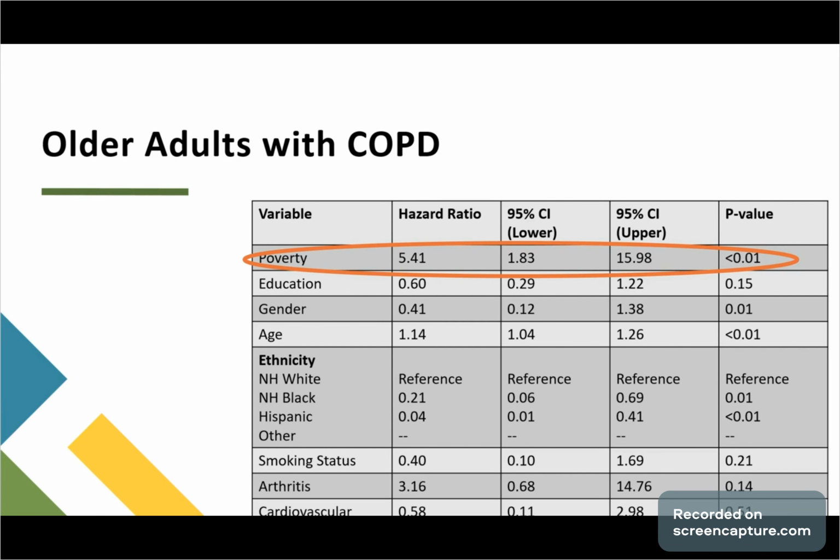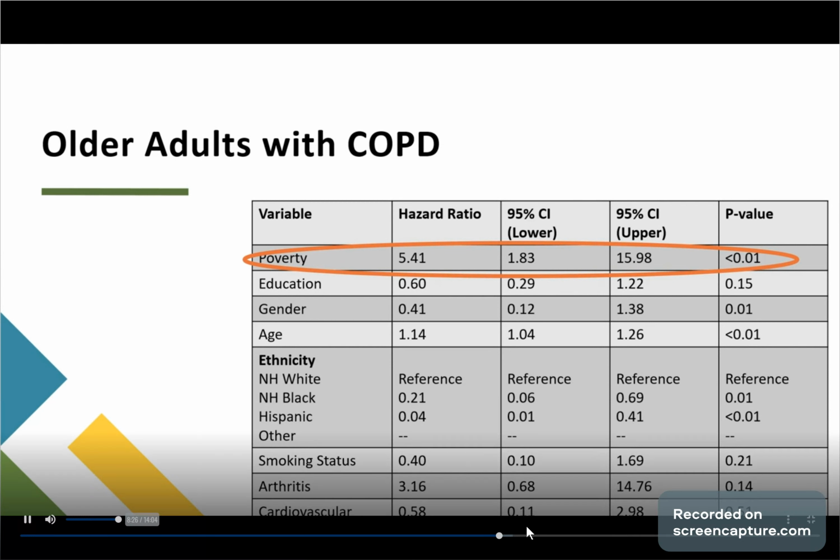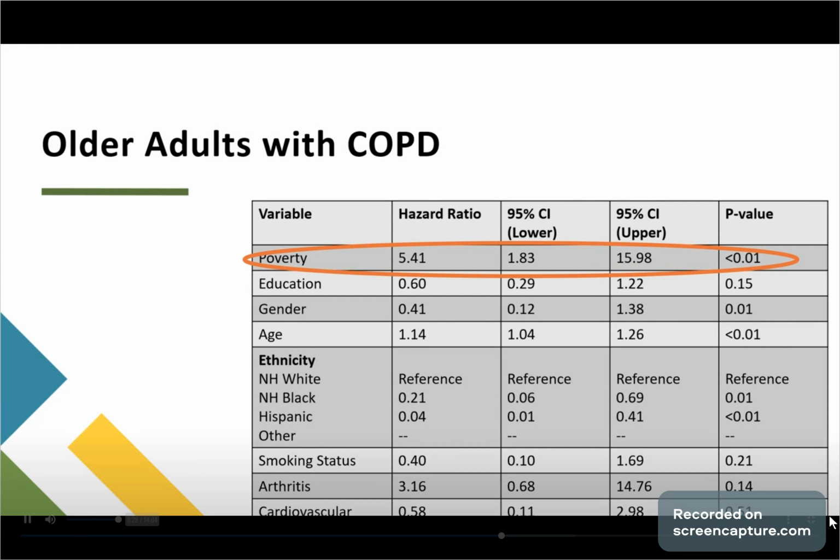So the main meat and potatoes, and I use this for these slides, is that people that have chronic obstructive pulmonary disease (COPD), among older adults, poverty is actually connected to Alzheimer's disease-related deaths. And what were those numbers?